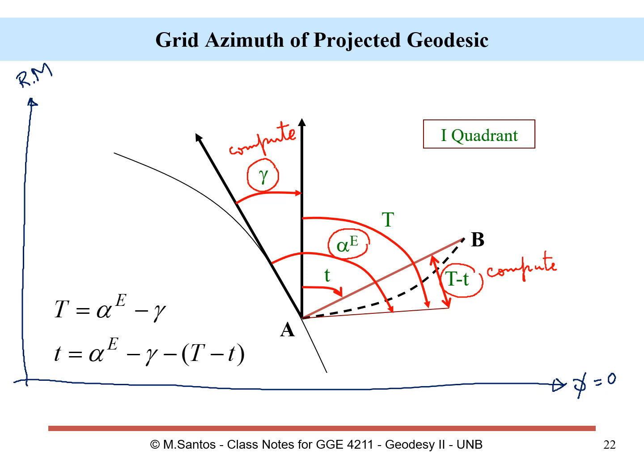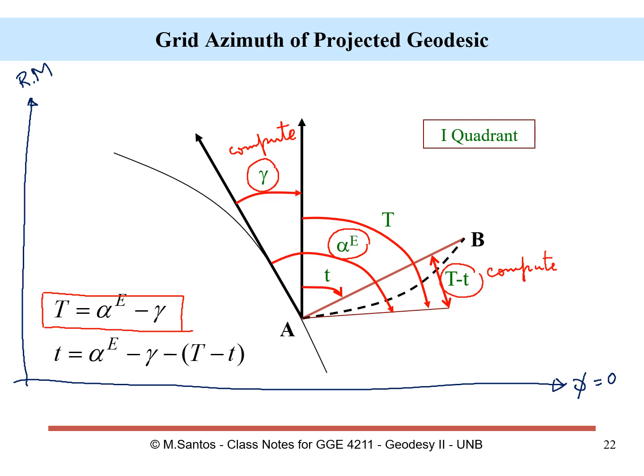T can be computed from the ellipsoidal azimuth and the meridian convergence, if we need T. We may not need T. But this T is the grid azimuth of the projected geodesic. So starting from the grid north, we go all the way to the tangent to the projected geodesic.